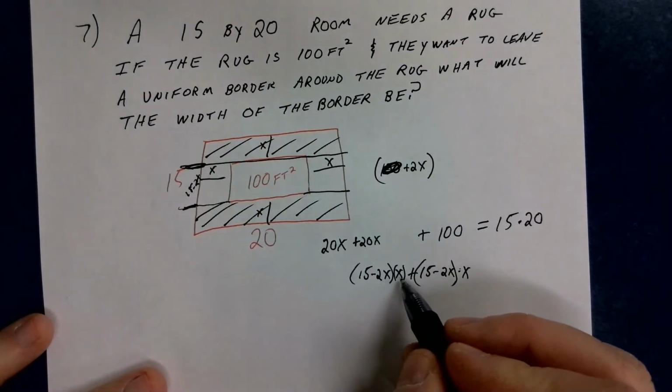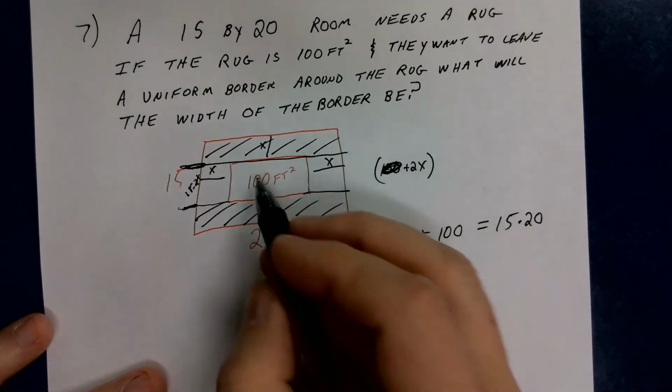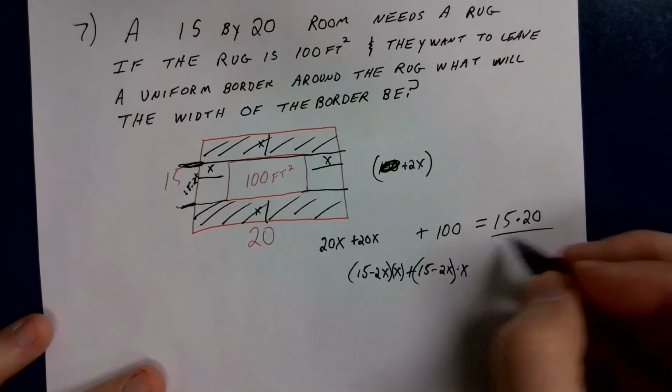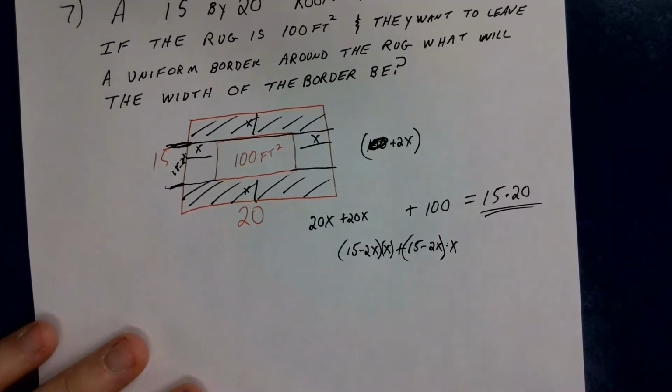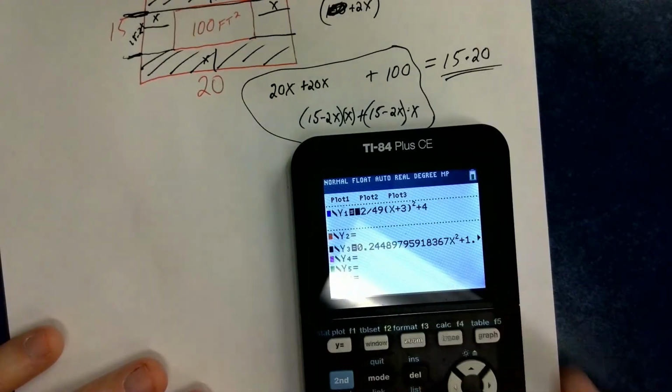So 15 minus 2x times x plus 15 minus 2x times x, both of those two things, plus 100, which was in the middle, has to equal the total thing. So I should be able to add all this stuff together and go, let's see what we get out of this.